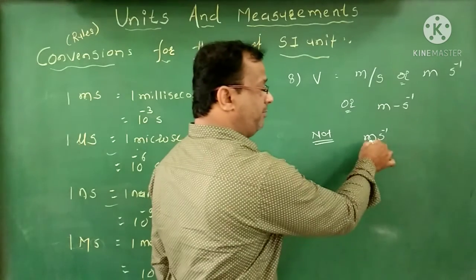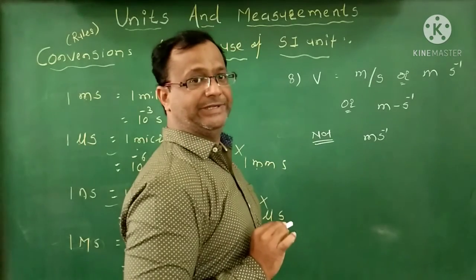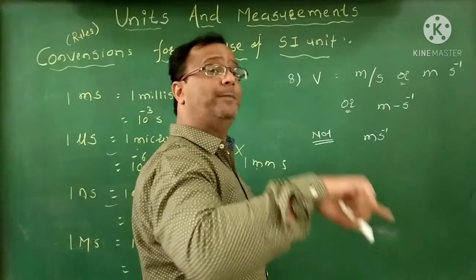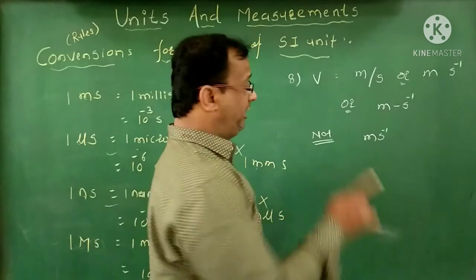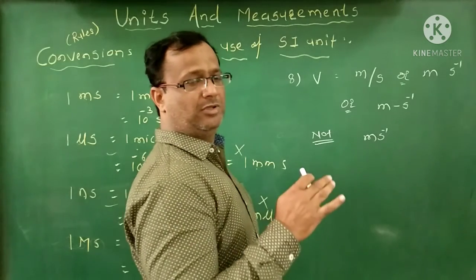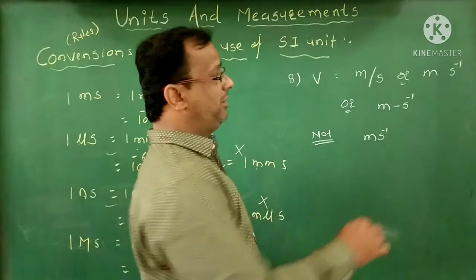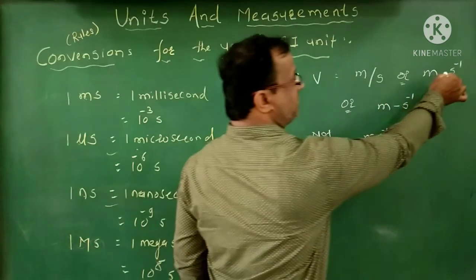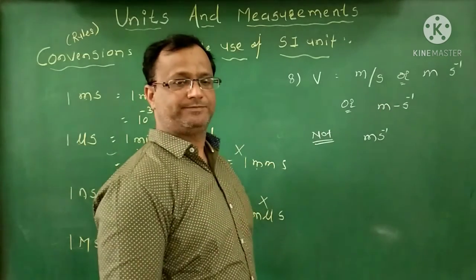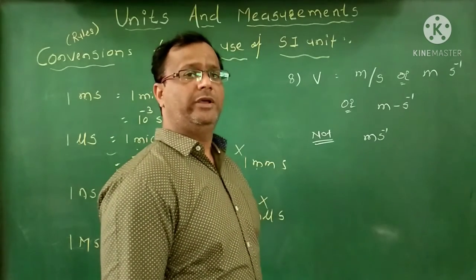So the meaning of this symbol is milli per second, not meter per second. That's why if we want to write two or more symbols at a time in a unit, we give a space or hyphen in between the two symbols. This is about the rules to write the SI unit.